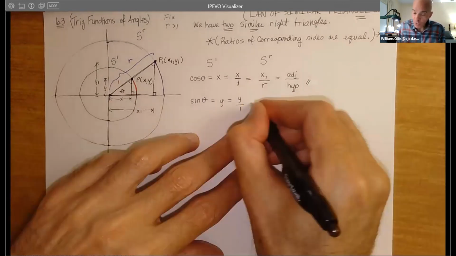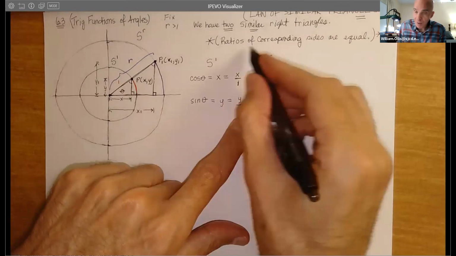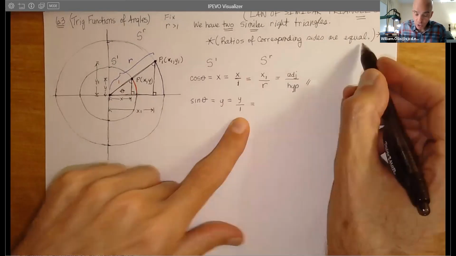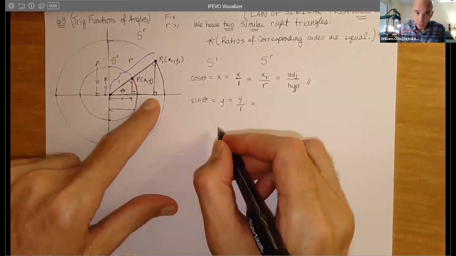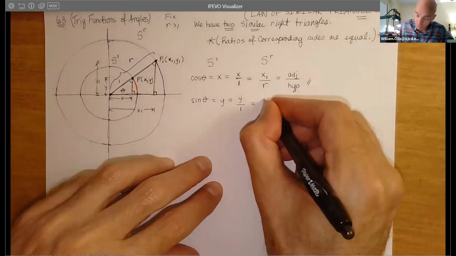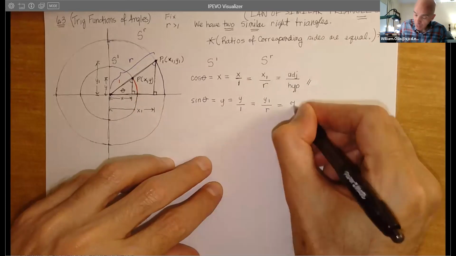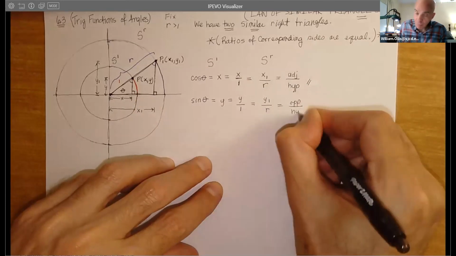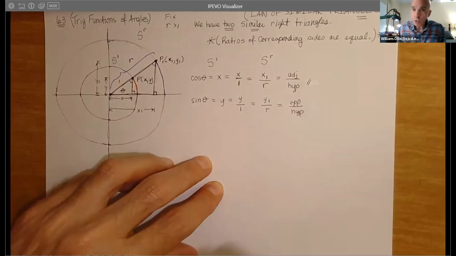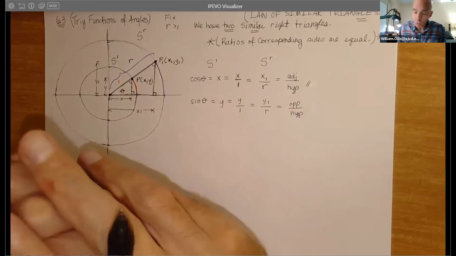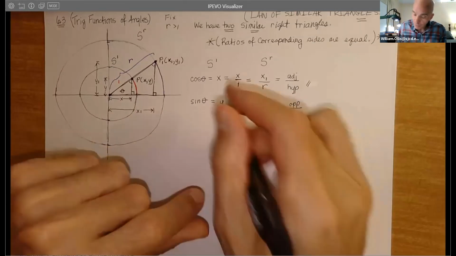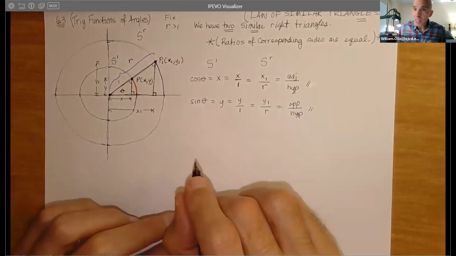But by laws of similar triangles, ratios of corresponding sides are equal, so the corresponding sides here will be y1 over r, that ratio, which again is opposite over hypotenuse. So it doesn't matter which circle we use, it doesn't matter which triangles we use, the ratios are equivalent. And so our interpretations are equivalent.